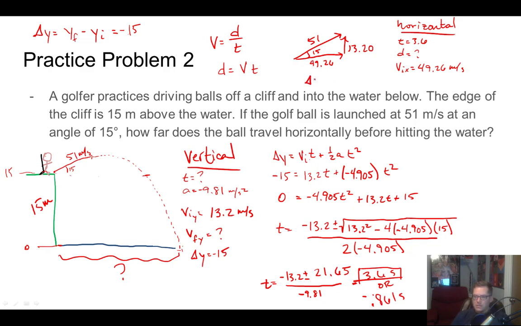Delta x is just going to be equal to our v sub i x, 49.26, times the amount of time that it was in the air, which was 3.6 seconds. We take 3.6 times 49.26 and we get 177.336 meters.